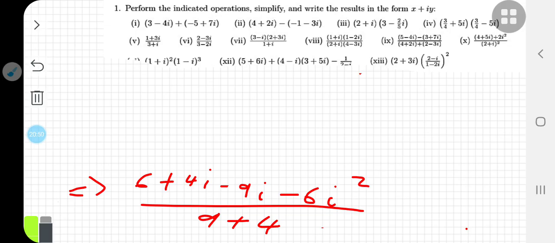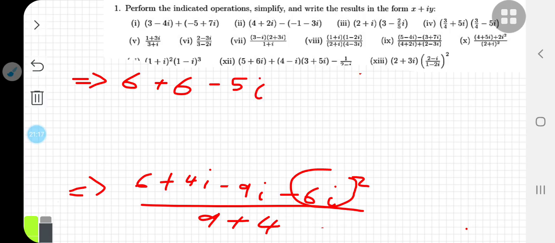So on top, we're going to have 6 plus 6, which is coming from this part, and negative 9i plus 4i will just give us minus 5i.